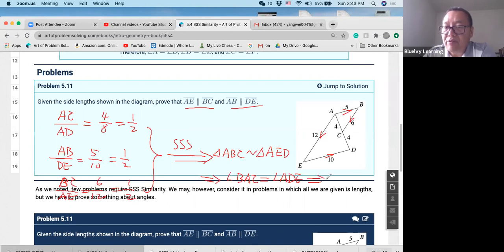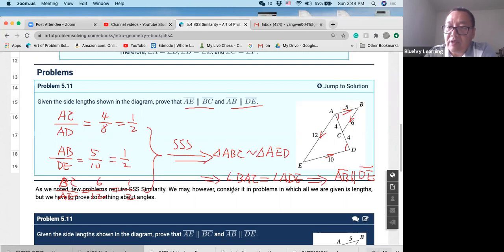Then from these two angles being congruent, we get line AB will be parallel with line DE, right? Because this angle equals this angle. This is alternate interior angles. So then you get this line parallel with this line.